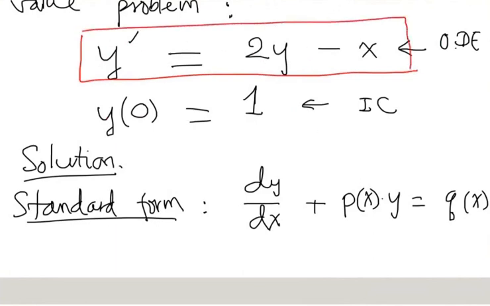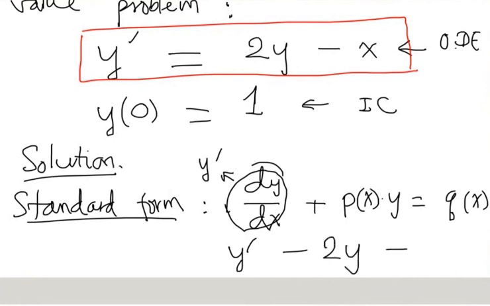We need to rewrite it as y prime. Y prime or dy/dx are the same, so you could write either. Doesn't matter much. Let me just write y prime here. And then we need to move 2y to the left side, so it becomes y prime minus 2y equal to minus x.